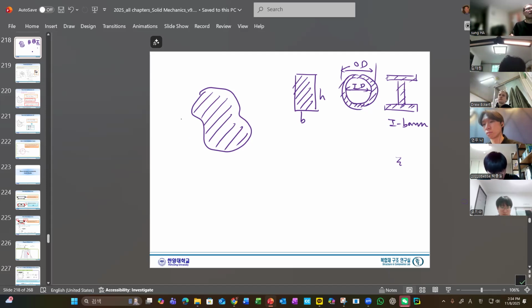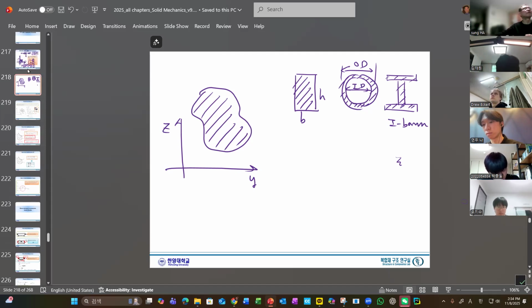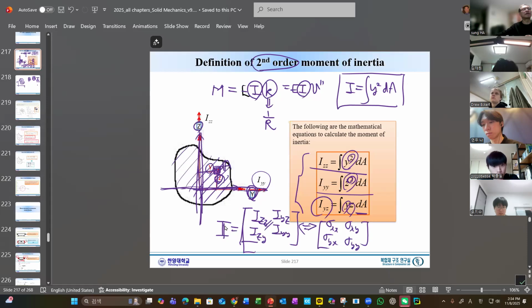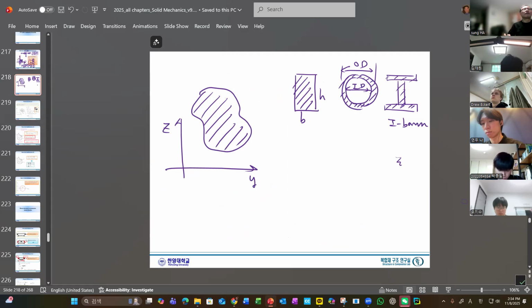In general, we can have some coordinate system, and let's say we define y and z as in the previous case, like this.